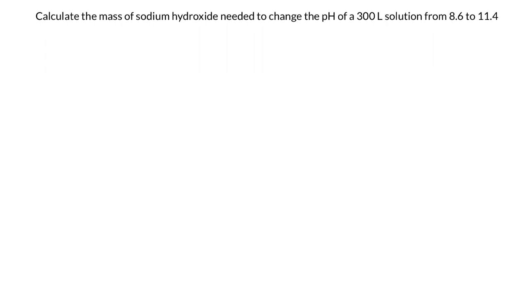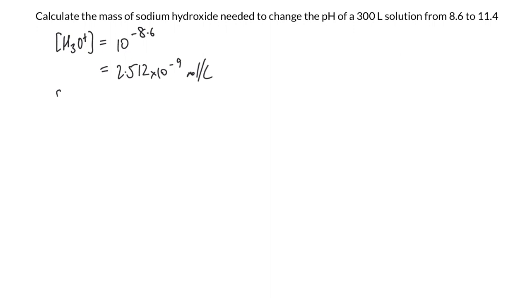So let's do this. We can work out the concentration of H3O plus, right, from the pH. So we would say that it's 10 to the power of negative 8.6, and that's the concentration of H3O plus, which happens to be 2.512 times 10 to the negative 9 mole per liter, right?